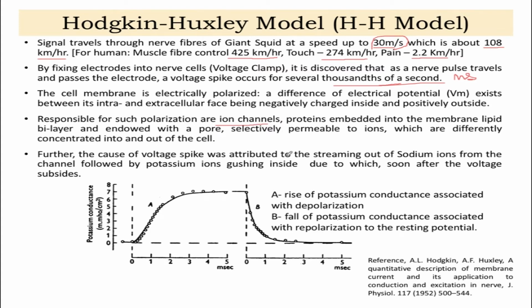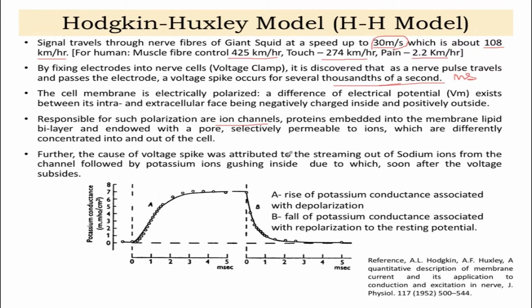Okay, so there are different types of ion channels: the sodium ion channel, potassium ion channel, leakage channel, and also a calcium channel. So in all about four, but in our model we'll consider three: sodium, potassium, and leakage channel. The calcium channel we will not consider in our model.